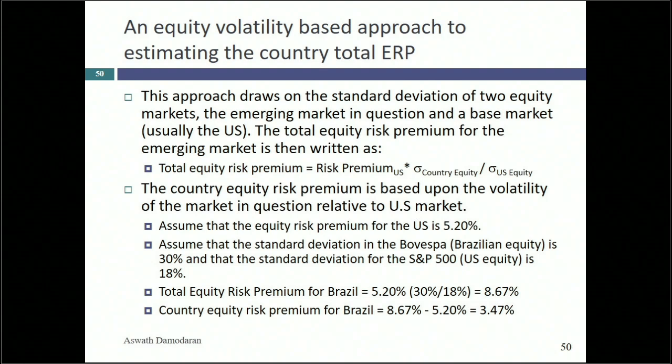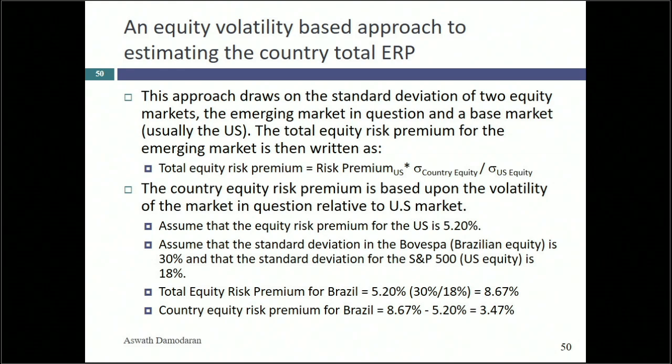If I have a market with a standard deviation of 18% where I'm demanding 5.2%, what if I came to you with a market with a standard deviation of 30%? All I'm going to do is take the 5.2% and scale it up to reflect the fact that Brazil is a riskier market. I come up with a risk premium for Brazil of 8.67%, 5.2% scaled up by the fact that Brazilian equities are riskier. This is the Goldman Sachs approach to doing equity risk premiums. And if I use this approach, I'm attaching a 3.47% additional premium for Brazil.